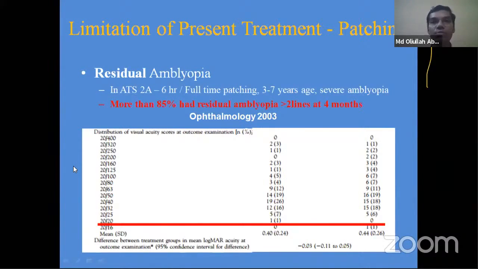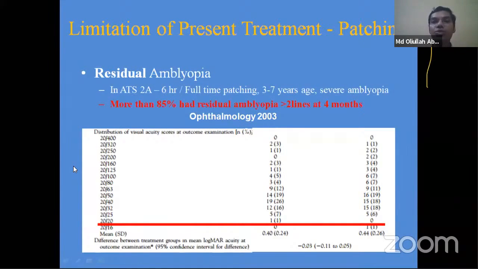When you have a monocular process to treat with patching or occlusion therapy, the success rate of giving 100% vision, that is 20/20 or 0 logMAR, is only 15% of cases, right? And this is not an assumption.